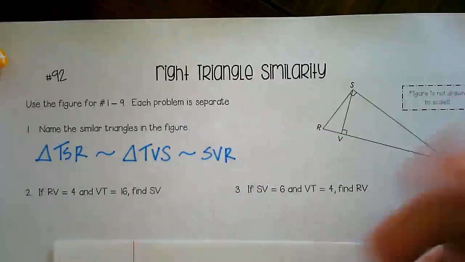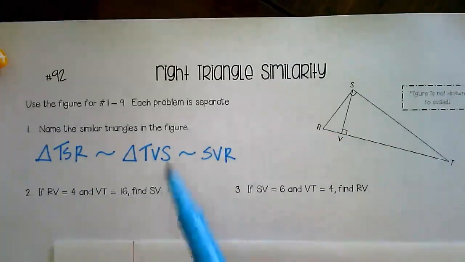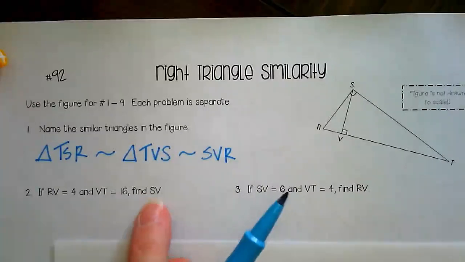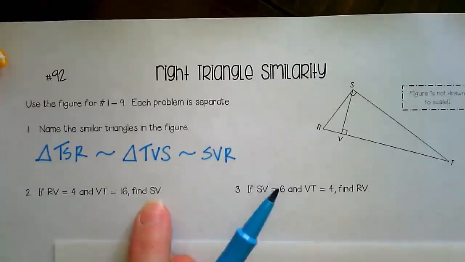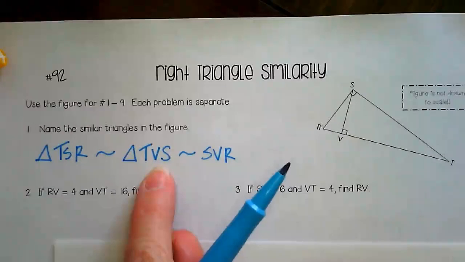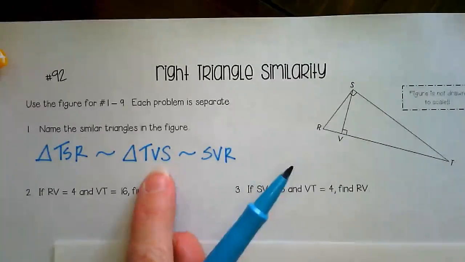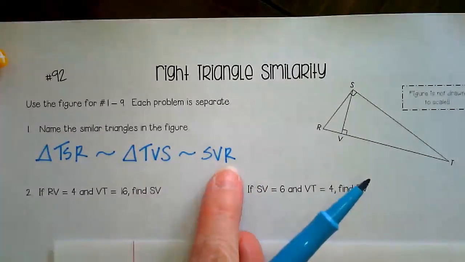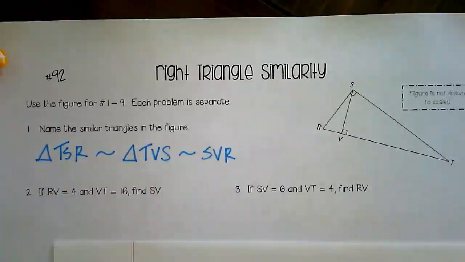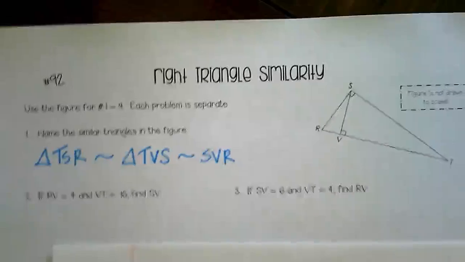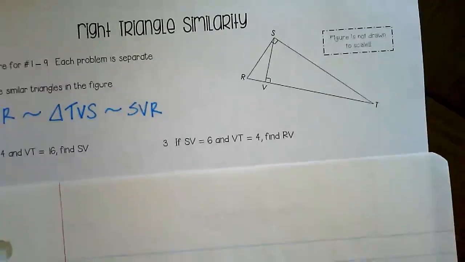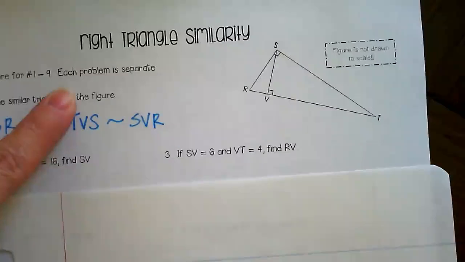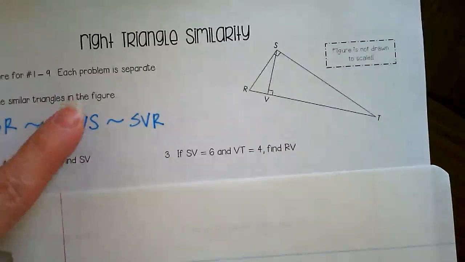Now, this is good because as we go through these questions, I can see, for example, if I'm looking for SV, the side of that is going to match up with RV or RS. So writing this statement out can be really helpful in lining up your triangles correctly.